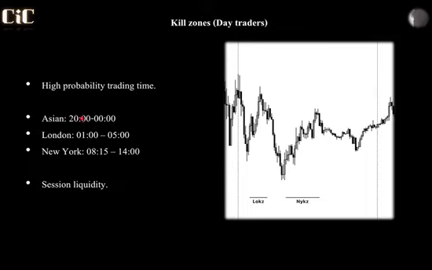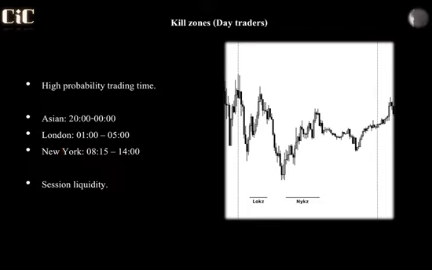So Asian, 8 p.m. to midnight. London, you have 1 a.m. to 5 a.m. New York, 8:15 to 2 o'clock. Now, there are some adjustments which can be made to these times, but this is the rough estimate.